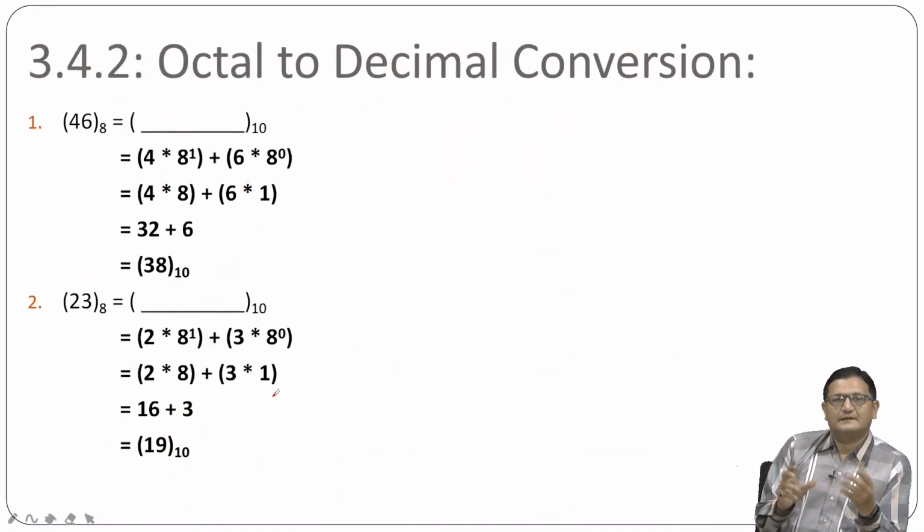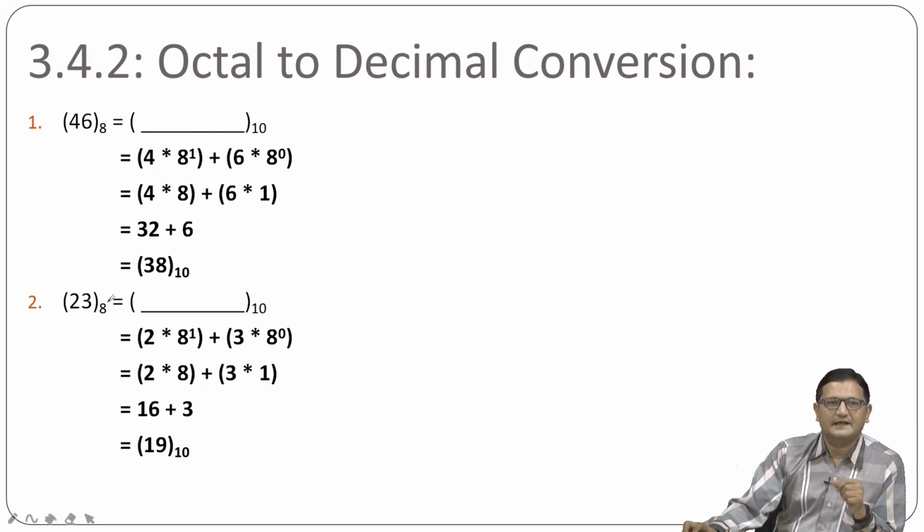Now suppose the reverse thing is there, right? Suppose somebody has given a number like 46, but here you can see the base is 8, which means the 46 is given as an octal number. Make sure whenever an octal number is given to you, 8 and 9 will not be there, right? So here the base 8 denotes that 46 is an octal number.